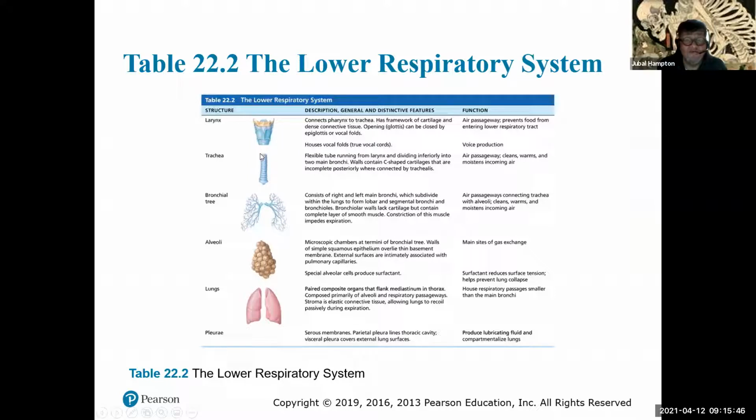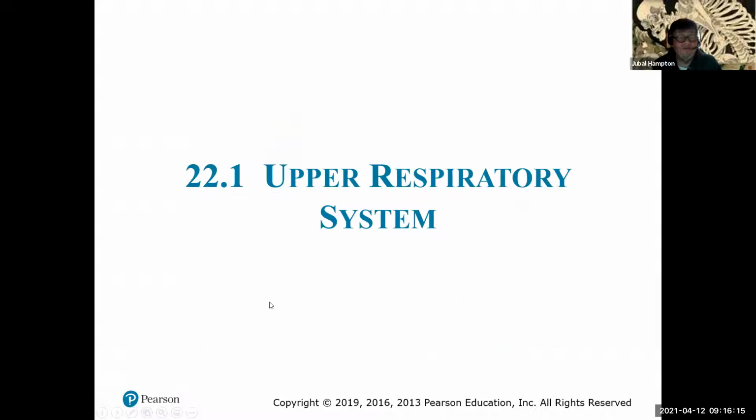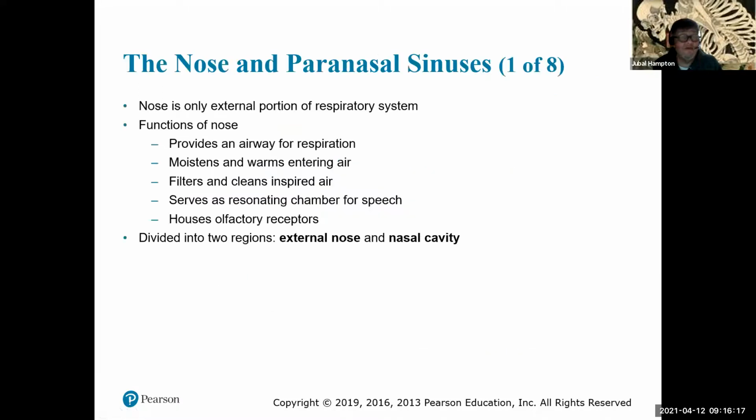Here's our trachea, flexible tube, the bronchial tree, the alveoli, which are small saccule structures, small sacs, and they're covered with fine capillary bed so that gas exchange may occur. Pleura, pleurae, as it says here up on the screen, are the membranes around the lungs.